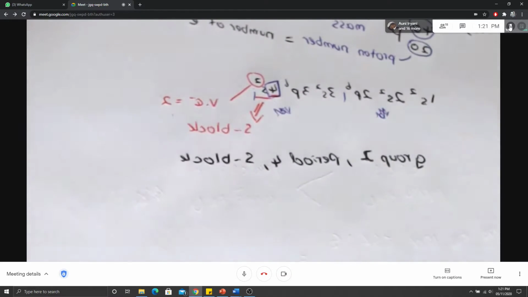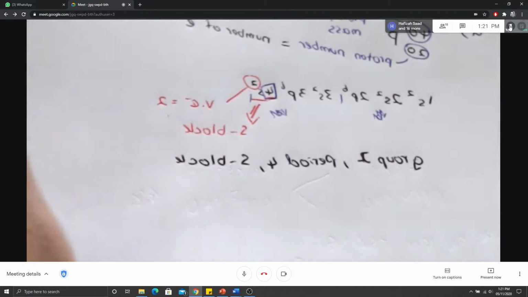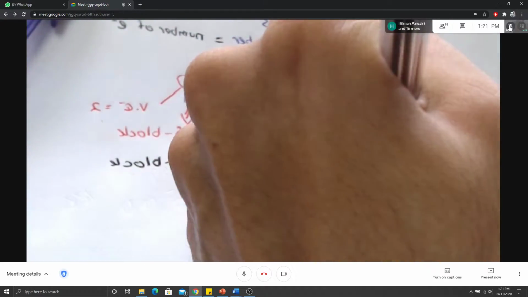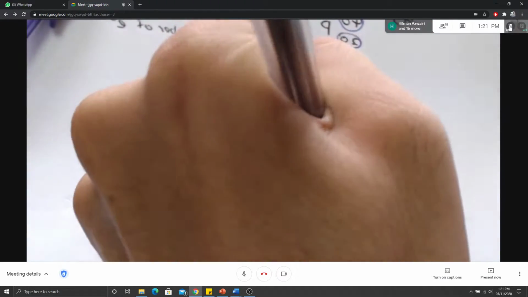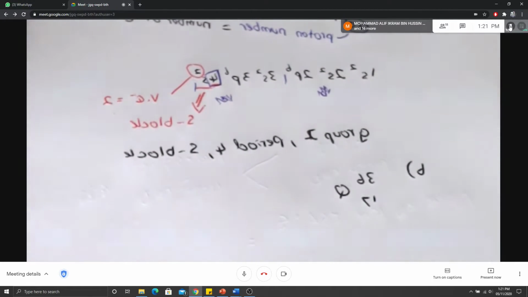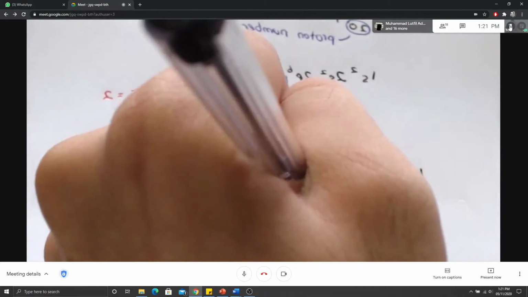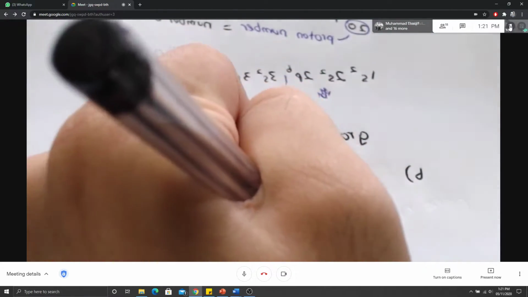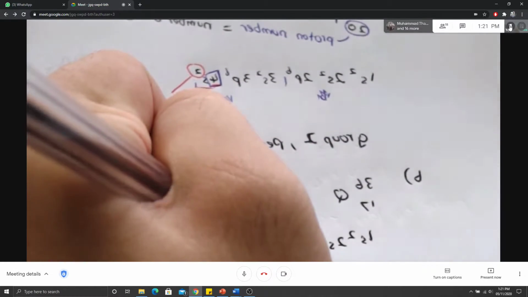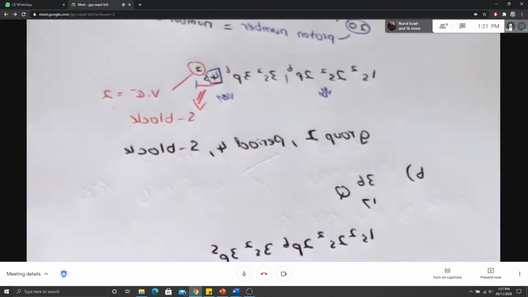So, let's do the next one, PPS 36 Q17. Okay, arrange the 17 electrons for me. 1s2, 2s2, 2p6, 3s2, 3p5. Is it enough for 17?